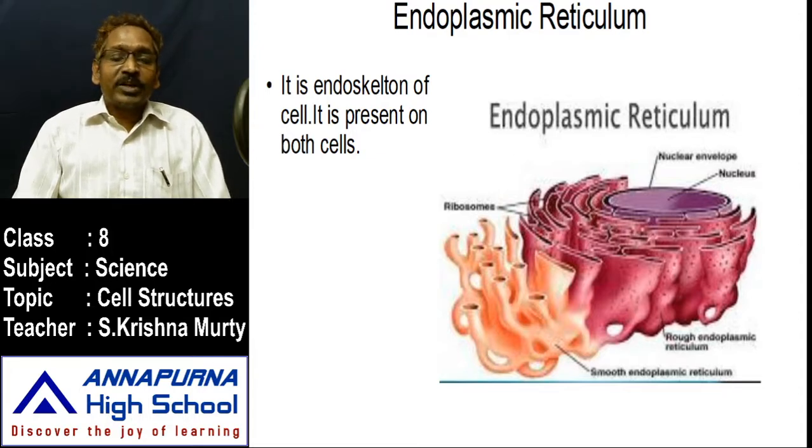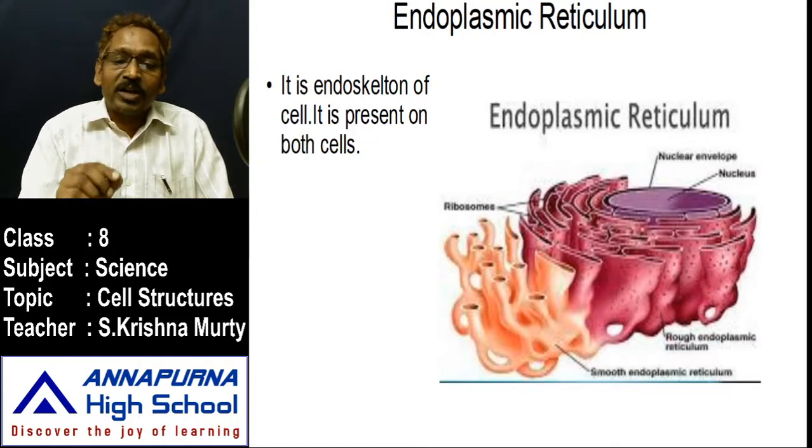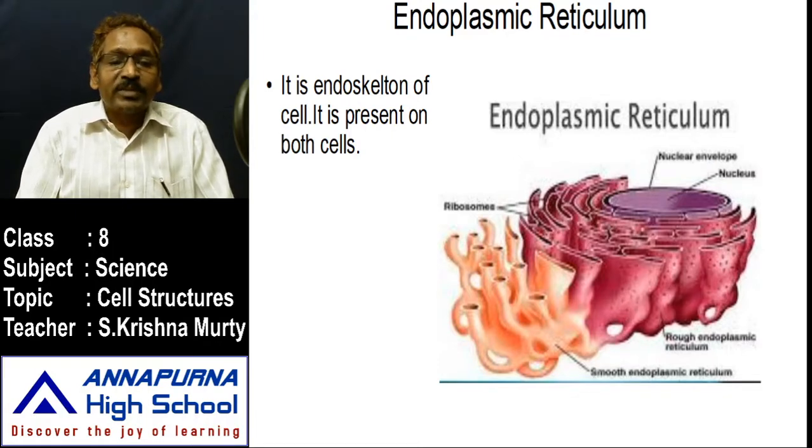Wherever the endoplasmic reticulum has no pebble-like structures, look at it: small dots are there on the other. While observing, the pink color has small dots, and the light yellow has no such dots. Wherever the light yellow is there, that is smooth endoplasmic reticulum.